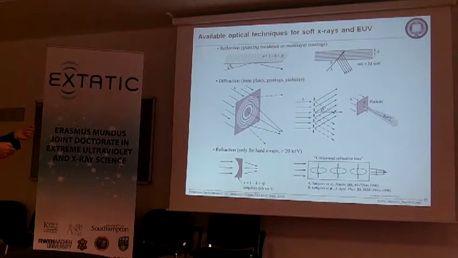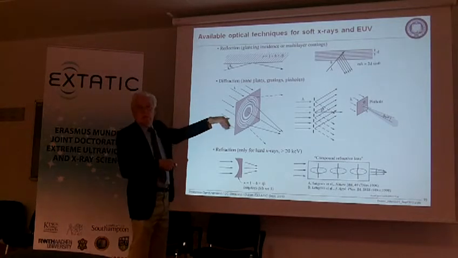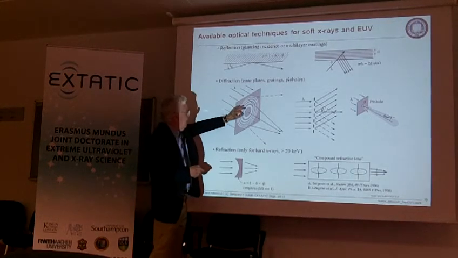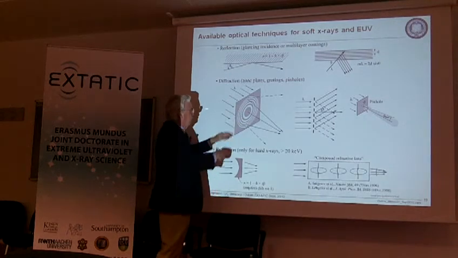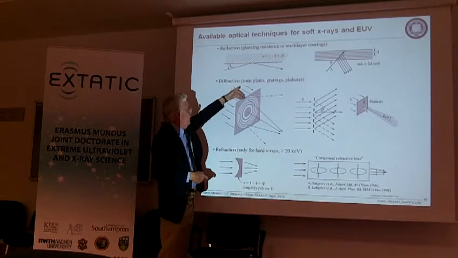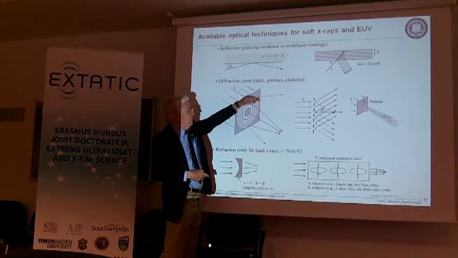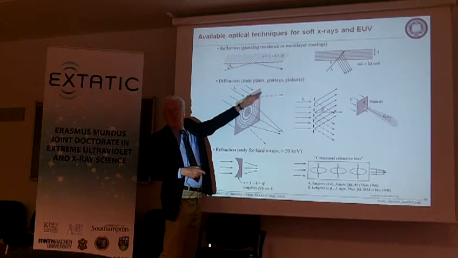So these are the available methods that we use: glancing incidence reflection, multilayer interference coatings, diffraction. So here is our circular grating, which we'll come back to later, where it's clearly circular, but the period is getting smaller as you go to the outside. So the light coming in the outer region sees a small period, so the diffraction angle is larger.